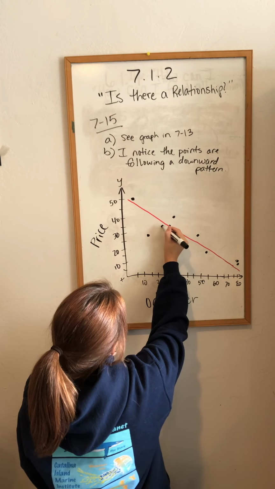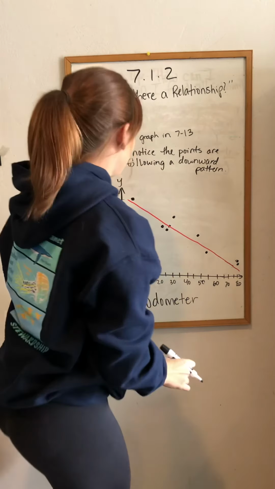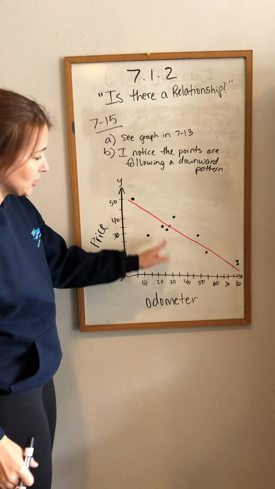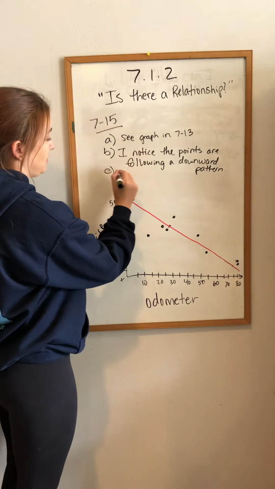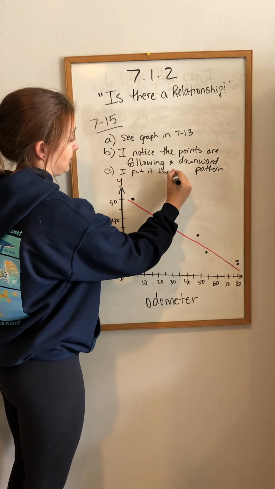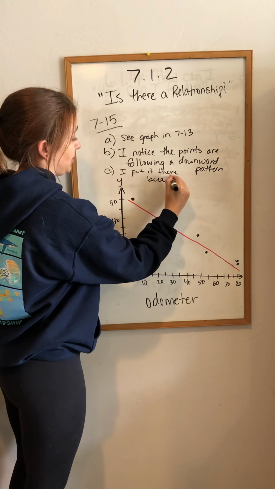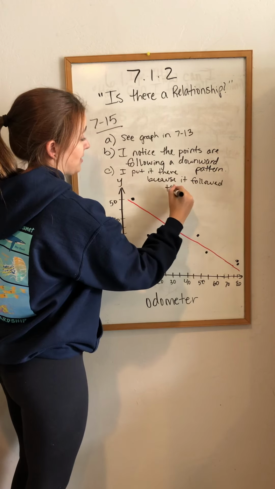That's my new dot, and I decided to put it there because it followed the downward pattern. So you can write, I put it there because it followed the downward pattern.